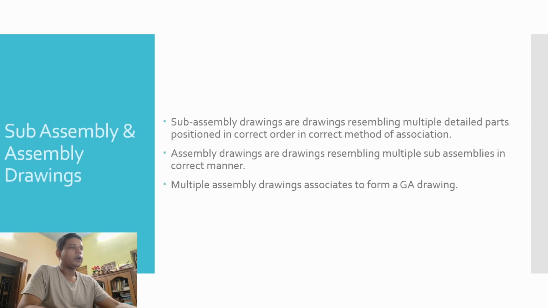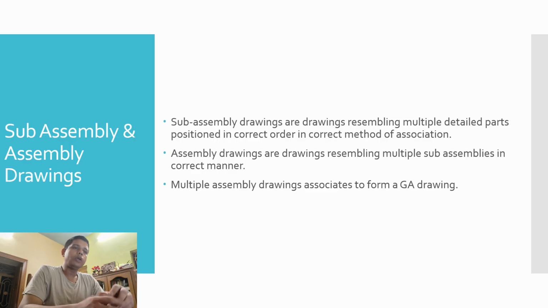Next, if we come here, then subassembly and assembly drawings. Subassembly drawings are drawings showing multiple detailed parts positioned in the correct order and in the correct method of association. That means two different detailed parts need to be assembled in a proper way, and that association has to be shown in a particular drawing.